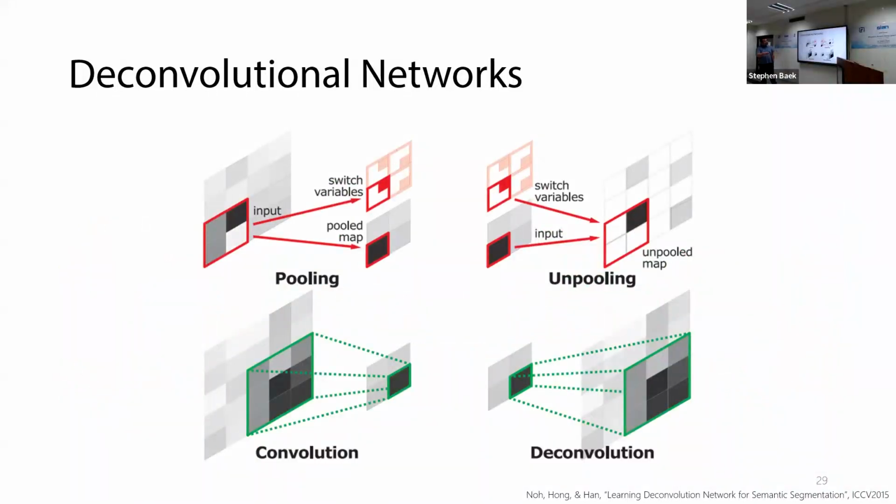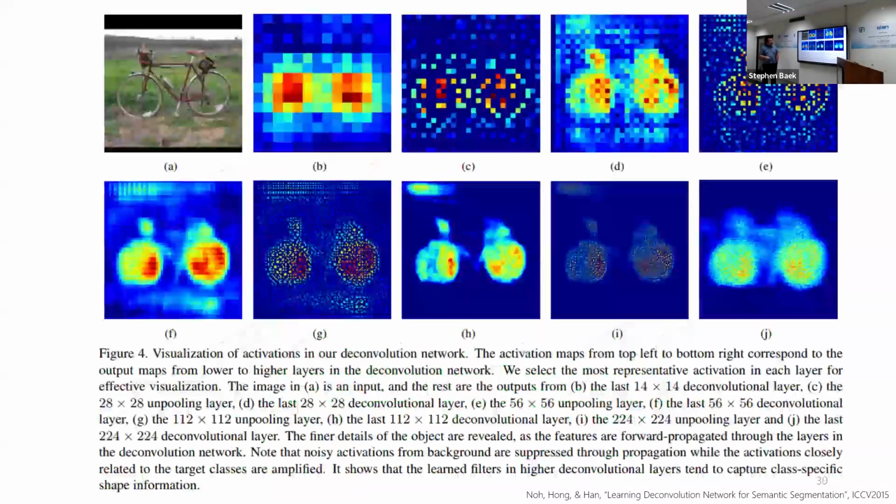Yeah, so in that deconvolution neural network, they actually use this bed of nail technique, where you memorize the location of where the pooled value come from, and then use the unpooling based off of that. So here is a really nice illustration of the whole process.